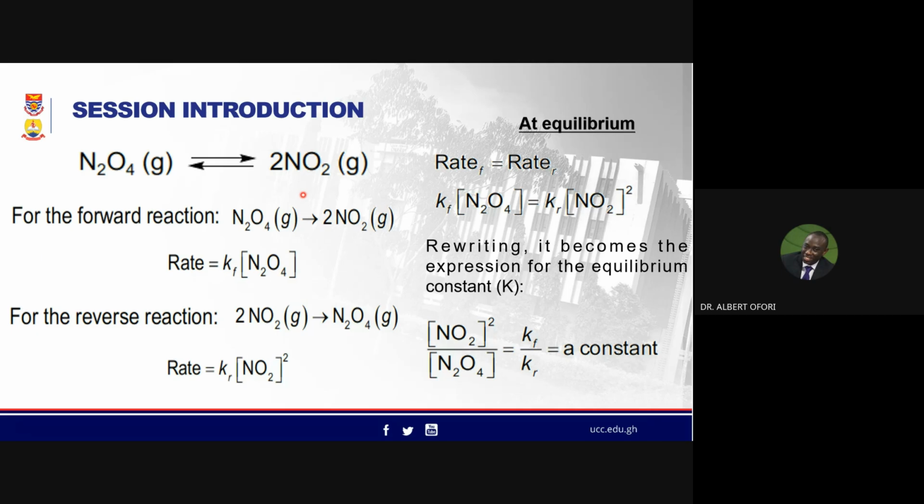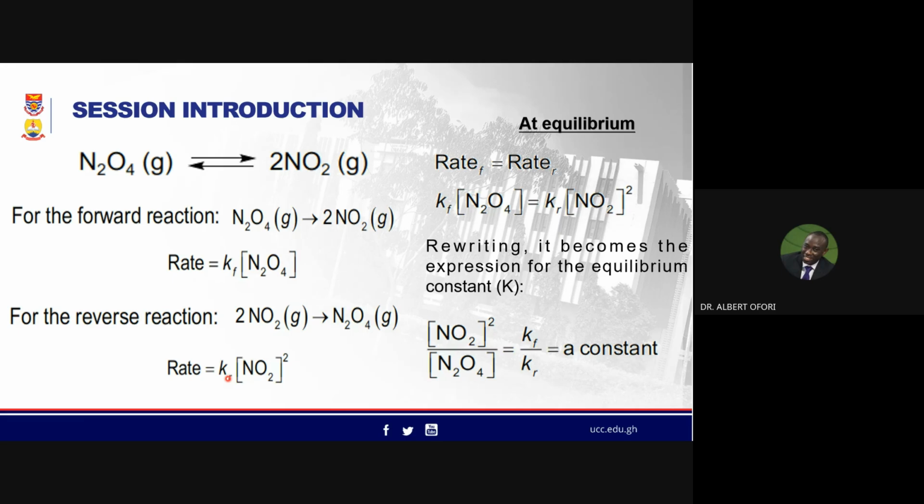So in every elementary step, the order of the reaction is the same as the factor which that molecule is multiplying with. It is only for elementary step reactions. For multiple step reactions, we need to find the order. In that case, the order will not be the same as the 2 here. It can change.